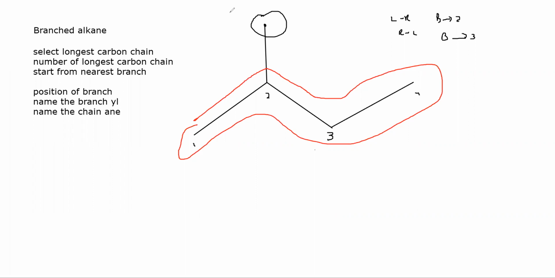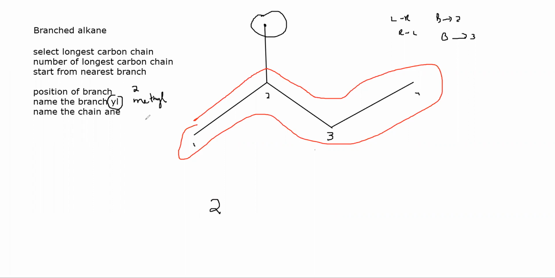And what is the position of the branch? Second position, we have a branch. So we write 2, that's the position of the branch. How many carbon atoms in the branch? One carbon atom in the branch, that's why we call it meth. And because it's a branch, it will be alkyl, or yl will be there, methyl. Whenever there's a branch, the suffix should be yl.